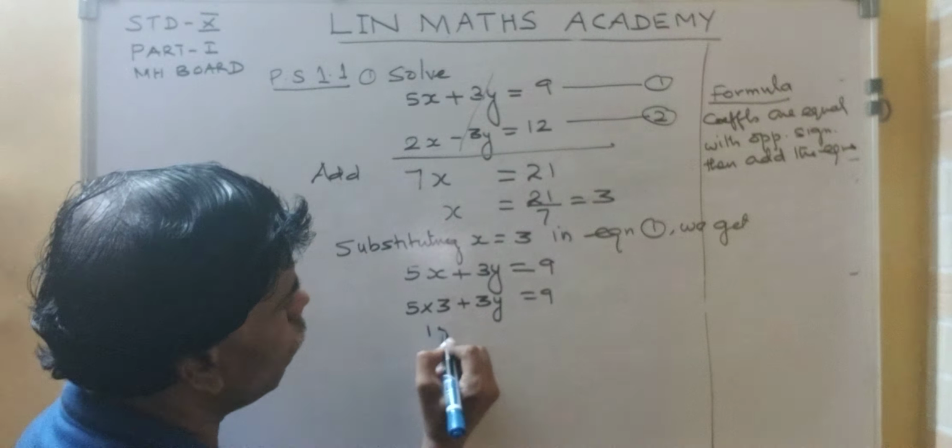Now next one. Another one, similar one, second one, sum number 2, question A. Solve the simultaneous linear equations: 3a plus 5b equal to 26, a plus 5b equal to 22.